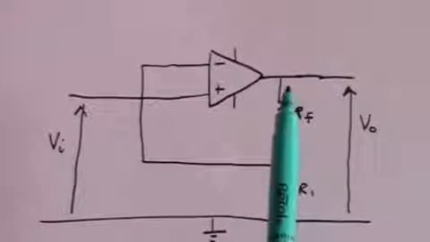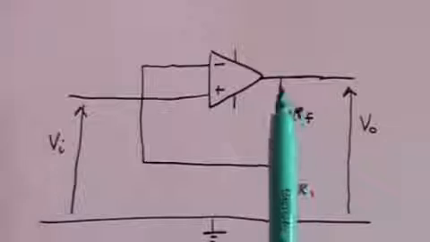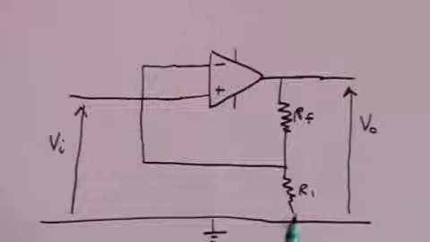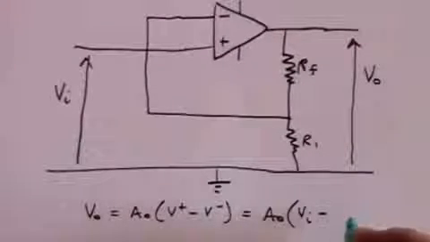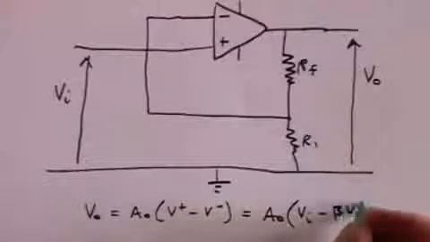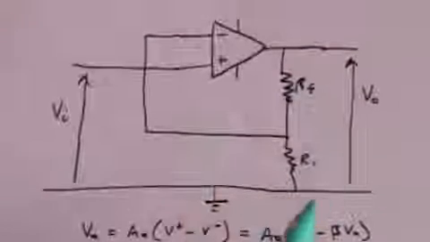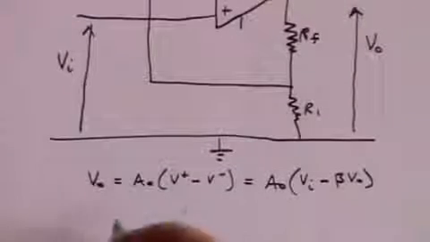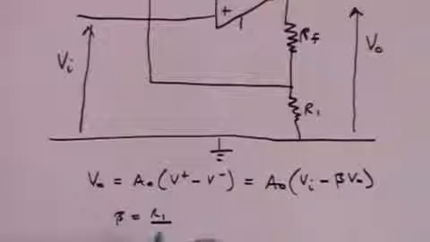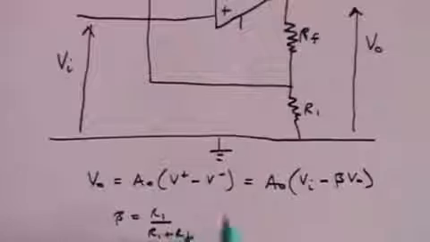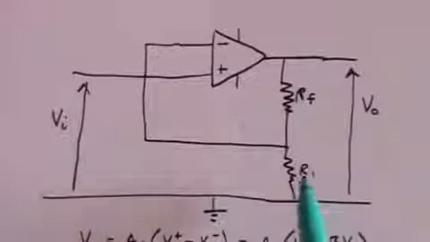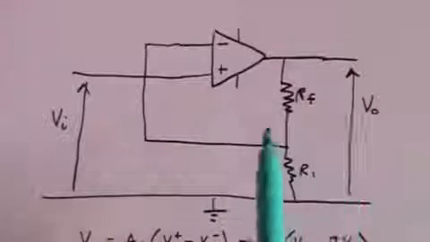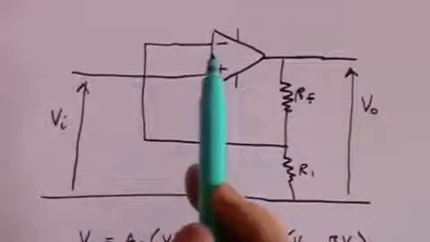V minus is the output voltage, but it has been put across this potential divider here. So in fact we're going to call that beta V naught, where beta is R1 divided by R1 plus RF. It's just a potential divider. It's R1 divided by the total resistance times that value of V naught, which is fed back as V minus.